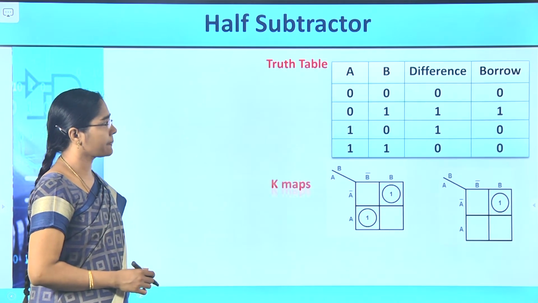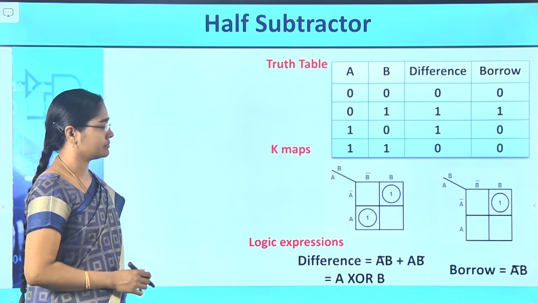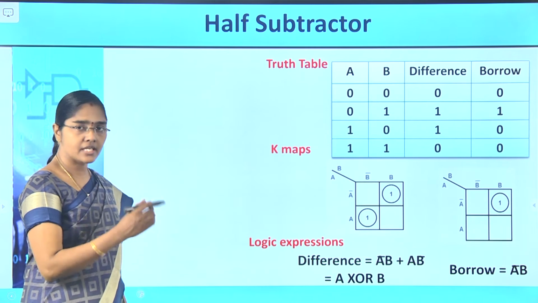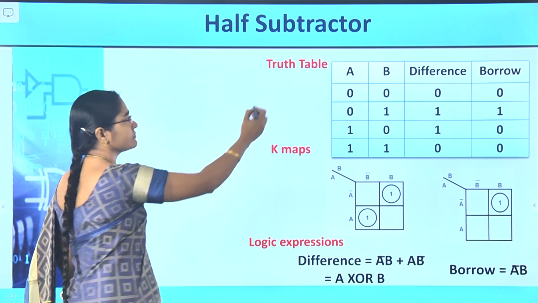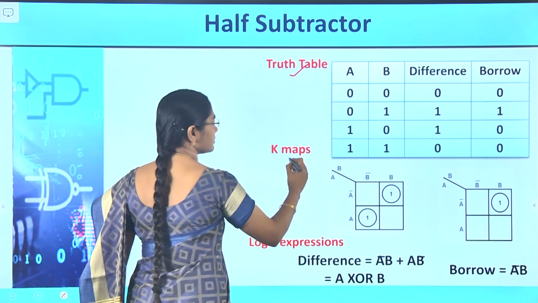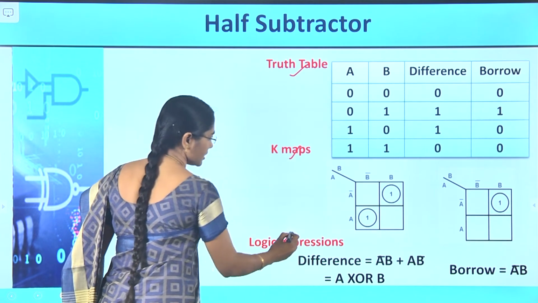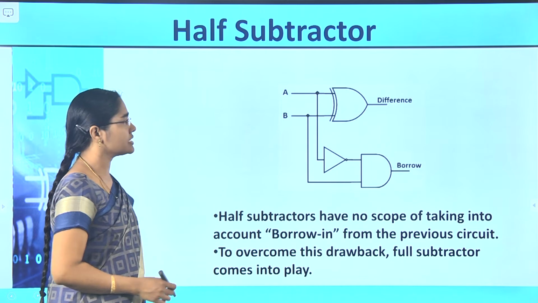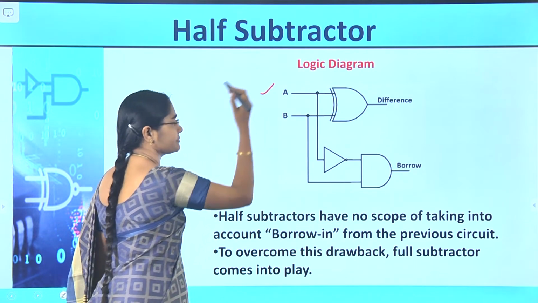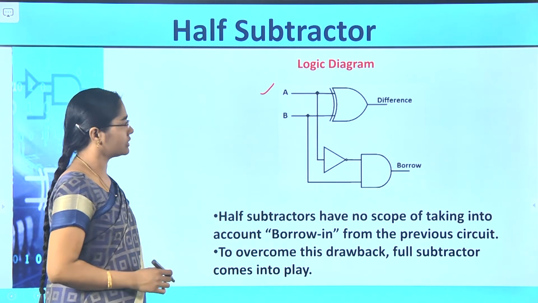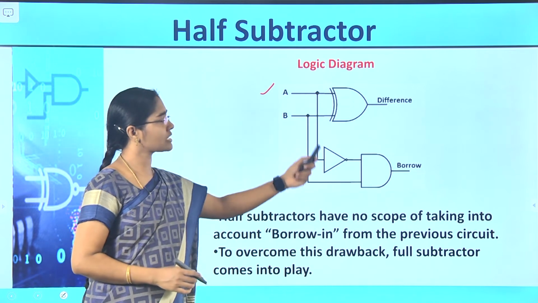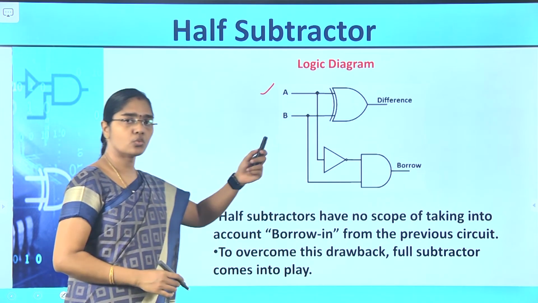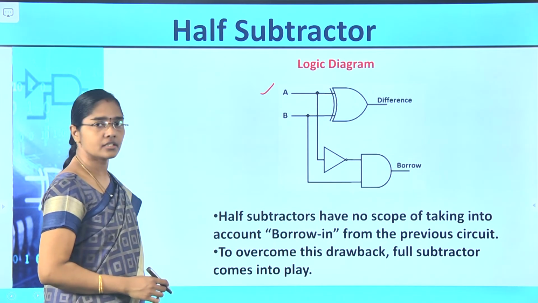Let us see the same half subtractor truth table, K-map simplification and logic expressions, and its logic diagram, which requires one XOR gate, one NOT gate and one AND gate.